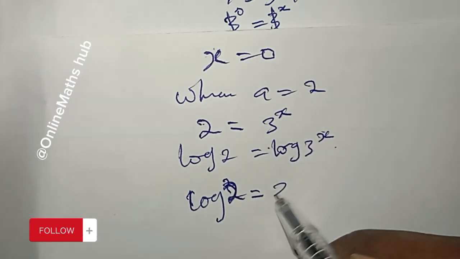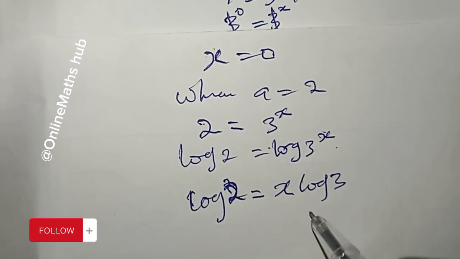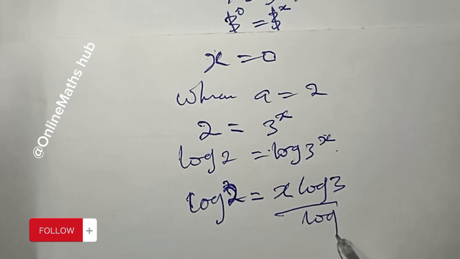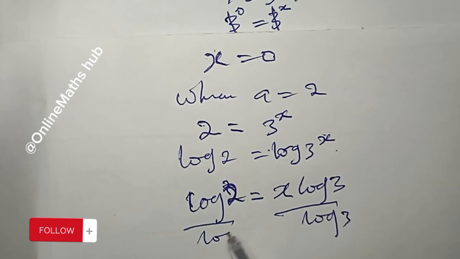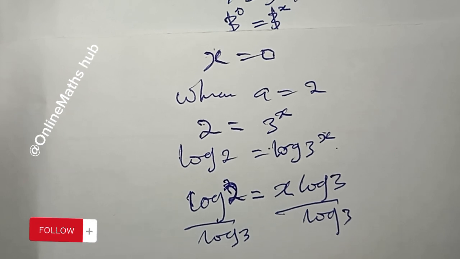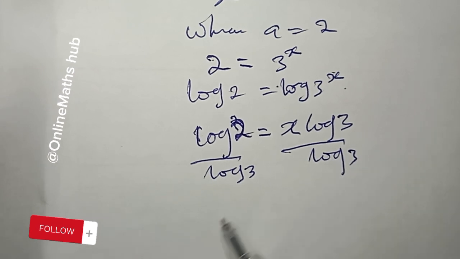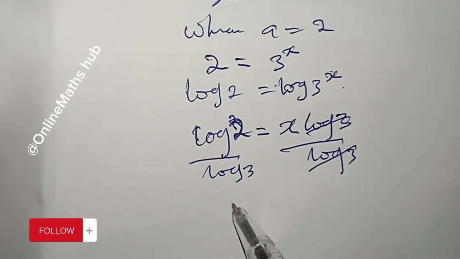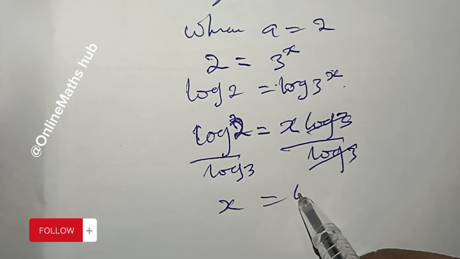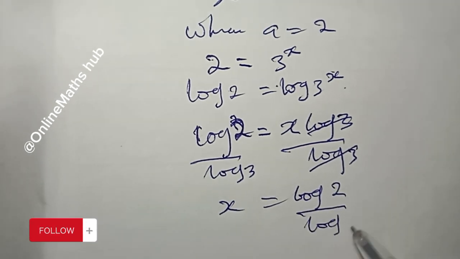So I write this as x log 3. Now I divide through by log 3 so that I get the value of x. So finally, this cancels this, and x is equal to log 2 divided by log 3.